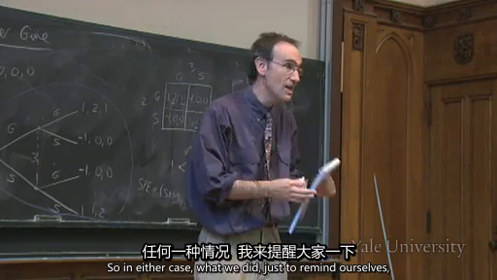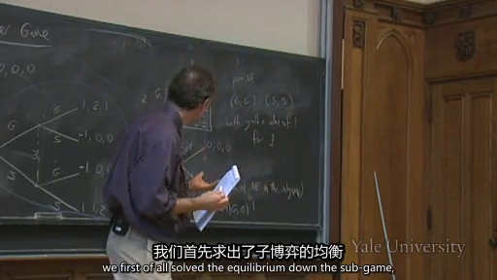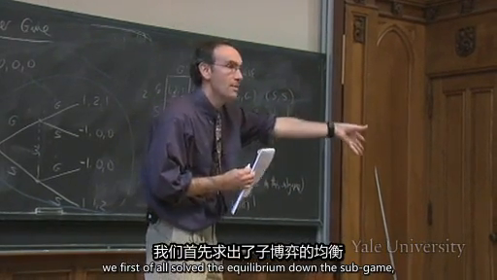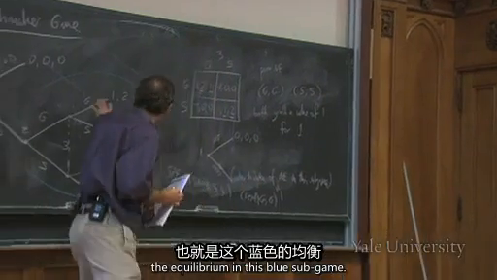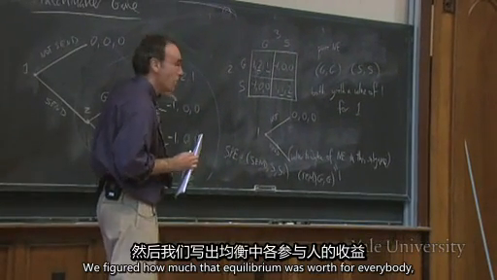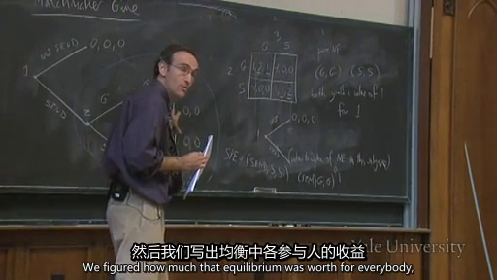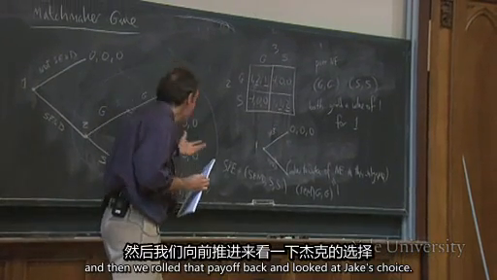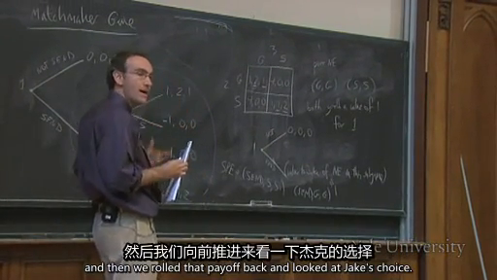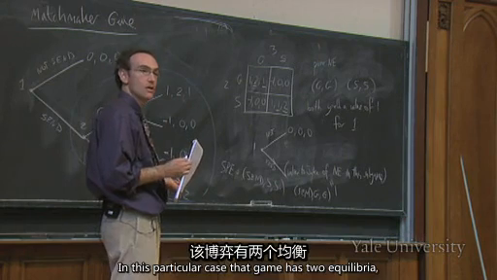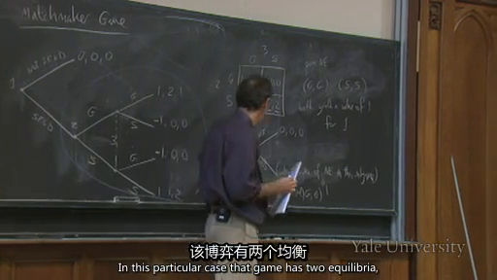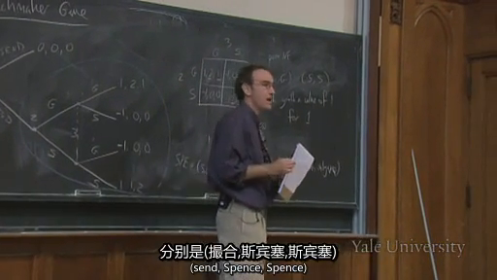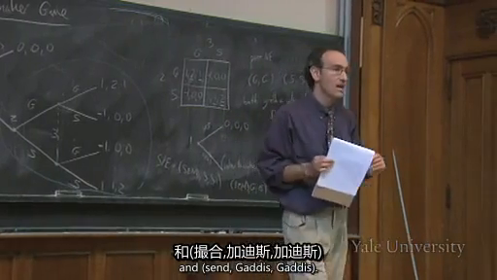Right, so in either case, what we did is, just to remind ourselves, we first of all solved the equilibrium in this blue subgame. We figured out how much that equilibrium was worth for everybody, but in particular for Jake. And then we rolled that payoff back and looked at Jake's choice. Right, in this particular case, that gave us two equilibria, send Spence Spence and send Gaddis Gaddis.